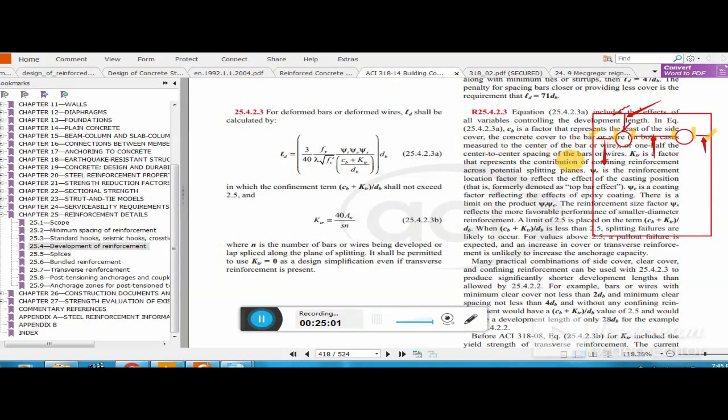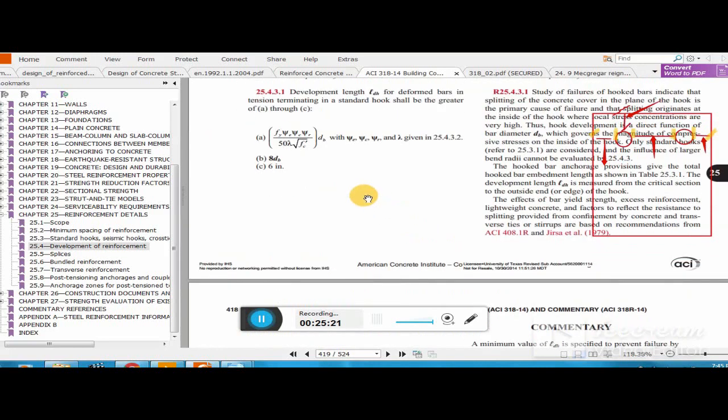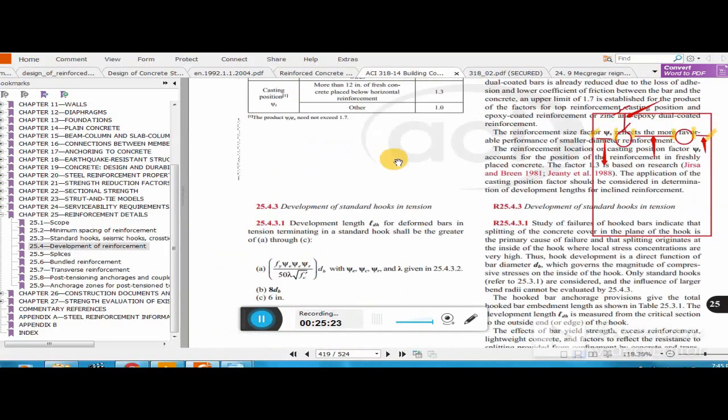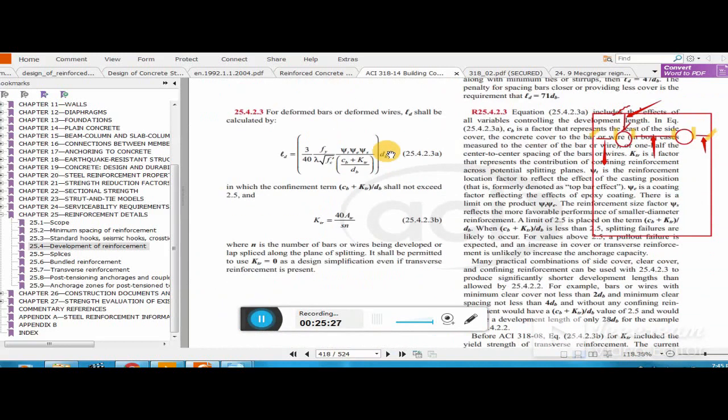One thing is very important: the size factor, which I already mentioned. The size factor is used in the basic development length formula. When we are calculating the development length, that is Ldh for a hook, in the case of a hook this factor is psi C, sorry, you see here that is psi C. So make a correction for that mistake.